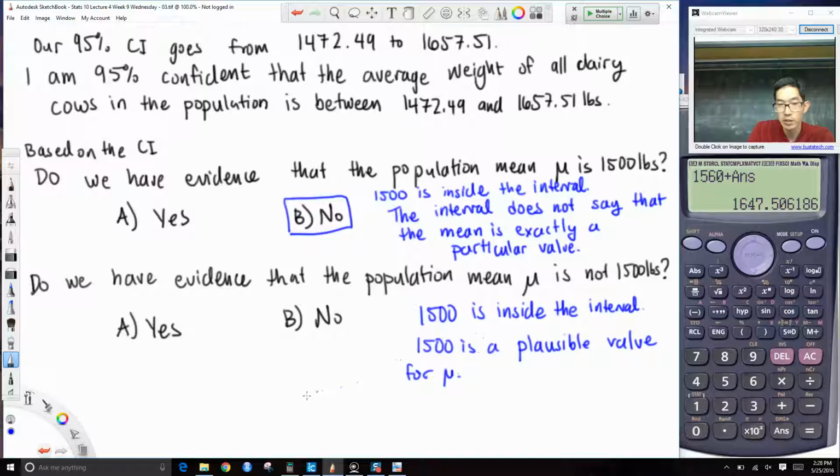And therefore, we do not have evidence that mu is not 1,500 pounds. So the answer here is also no.